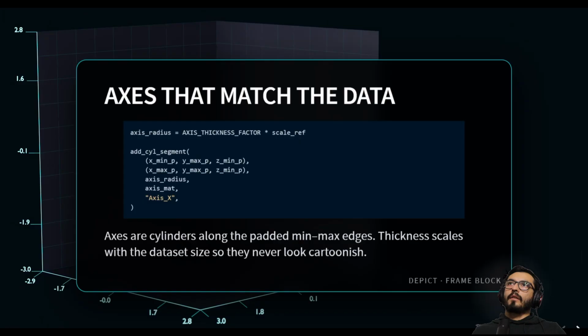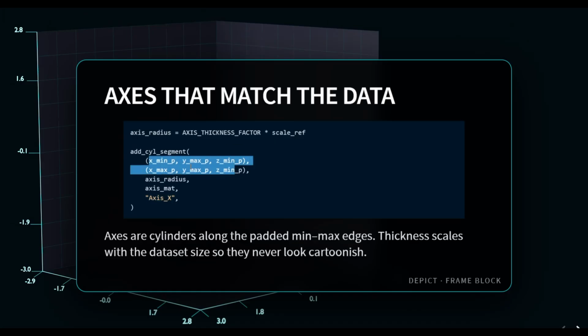Then we will create some axes that will match the data. So we will define 3 cylinders, where each axis here is 1 cylinder. For example, this will be the axis X, which will be this one here. And we will give the starting and end point of the cylinder plus the radius plus the material, and we will call it axis.